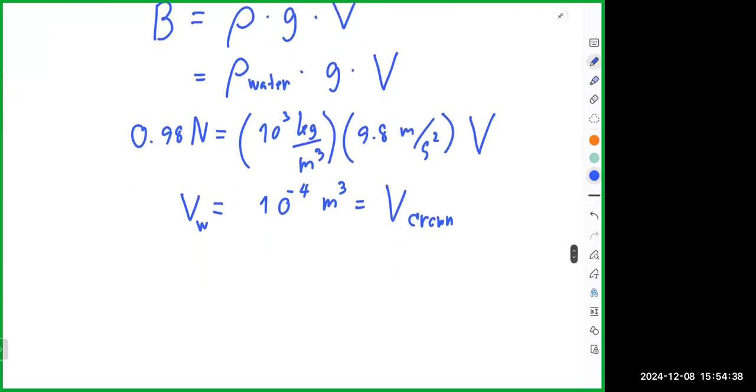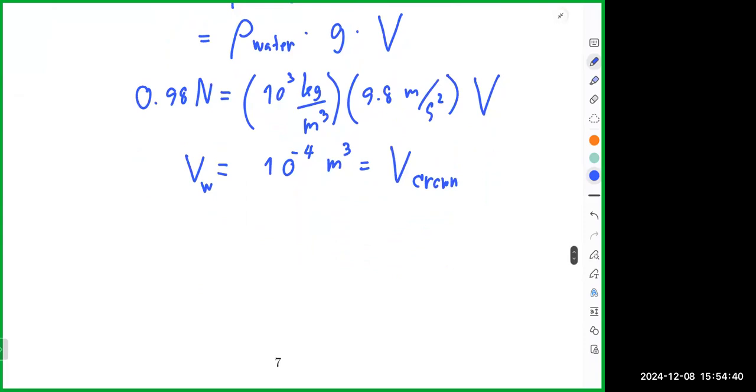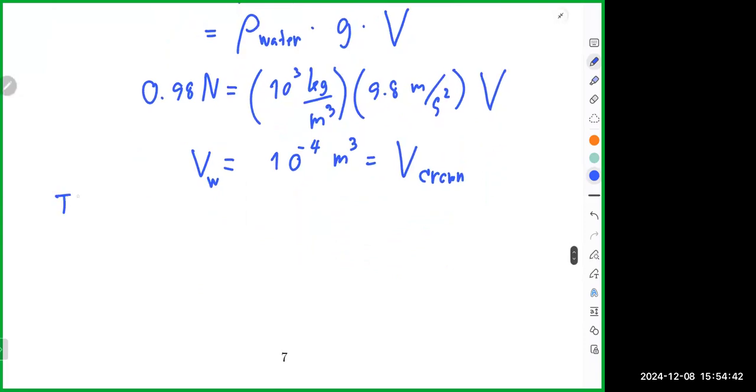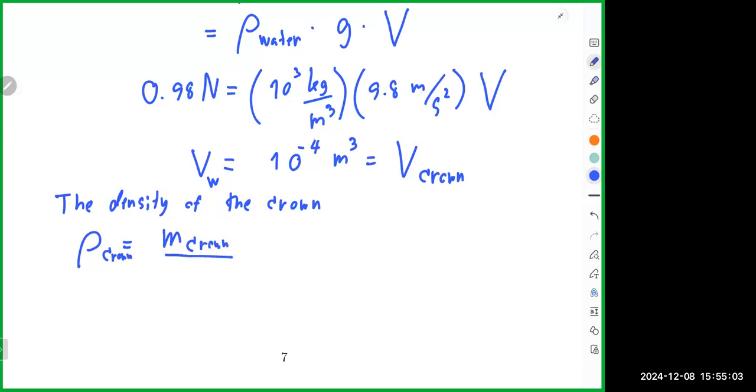So the next step is to calculate the density of the crown. Rho of the crown equals the mass of the crown divided by the volume of the crown.